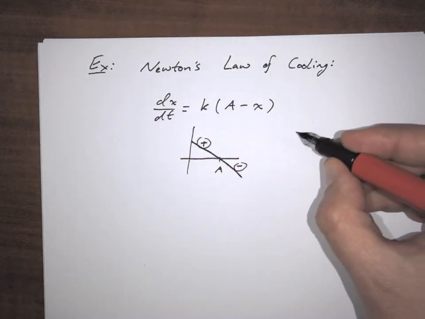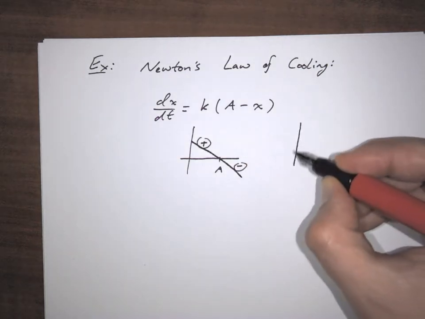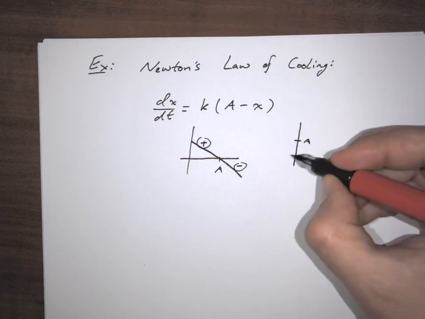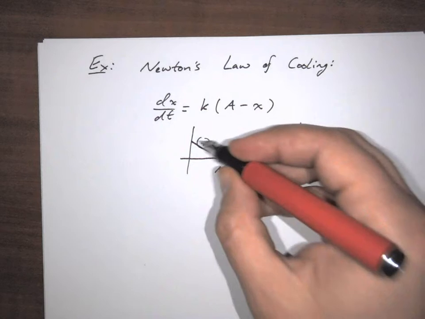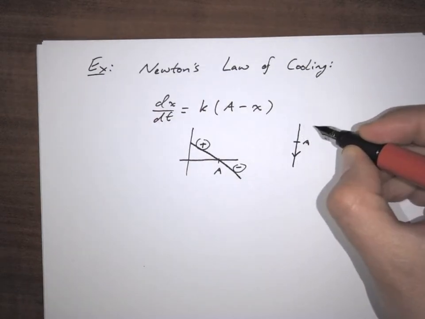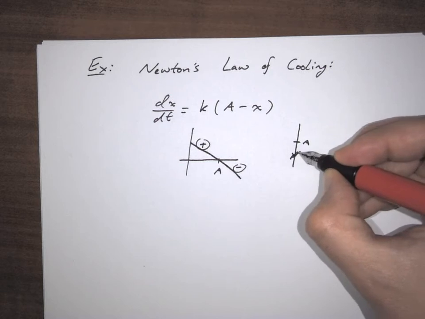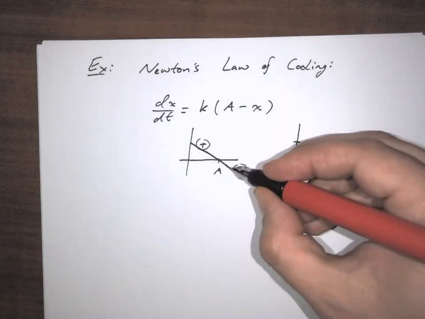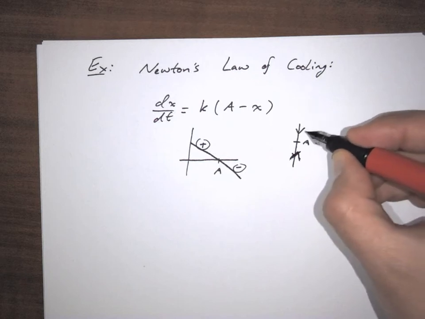So what that's going to mean is that the phase diagram here is going to be A, and when x is below A, it's going to be going up. And when x is past A, it's going to be going down.